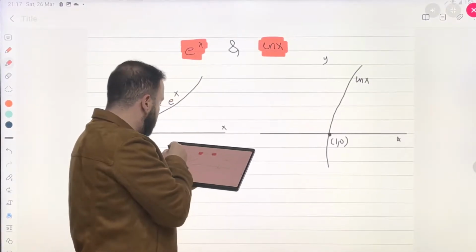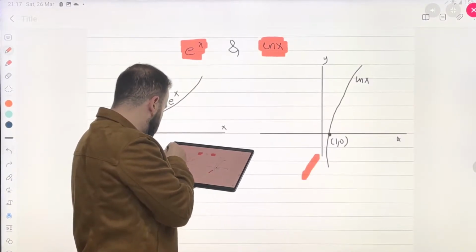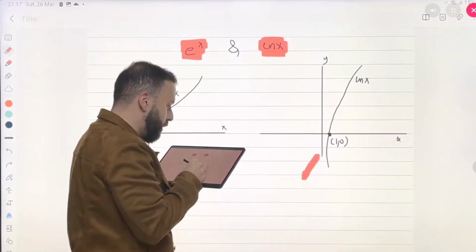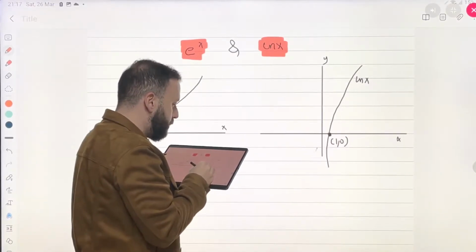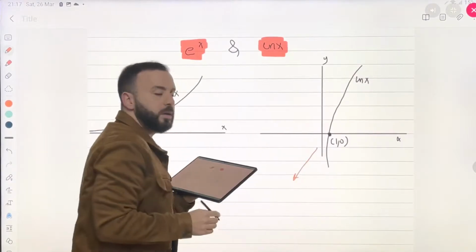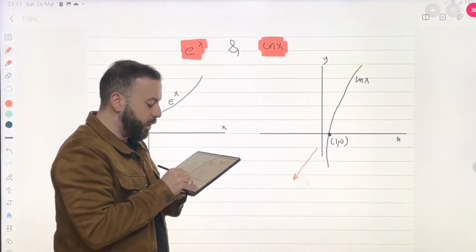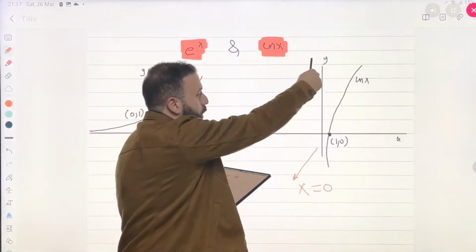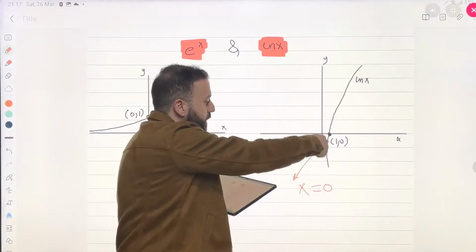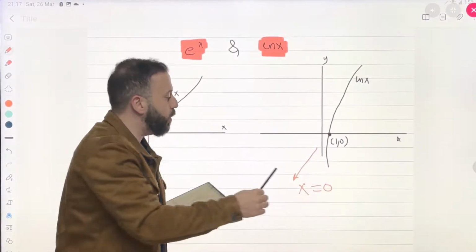So the equation of the vertical asymptote is x equals 0, as the equation of any vertical line starts always with x.